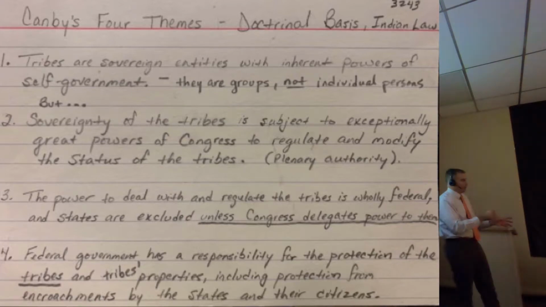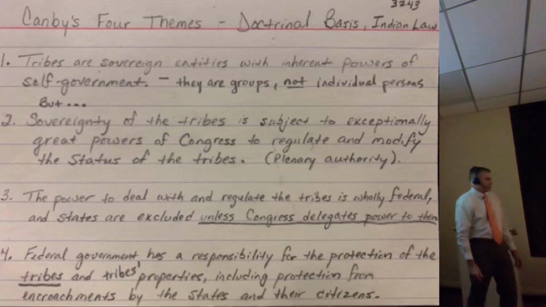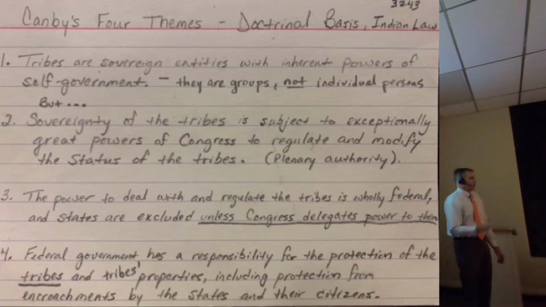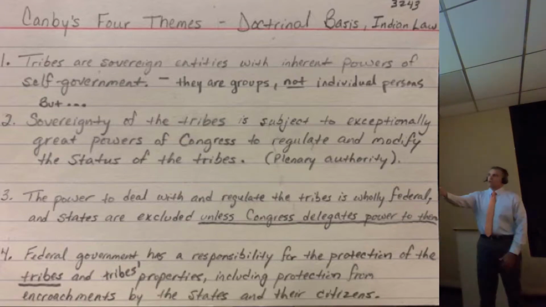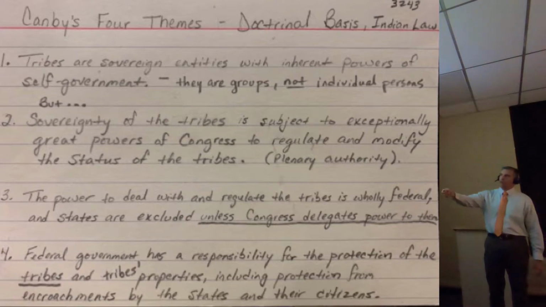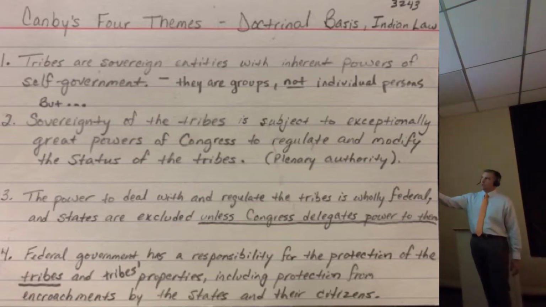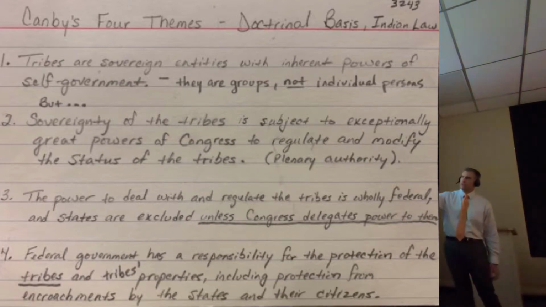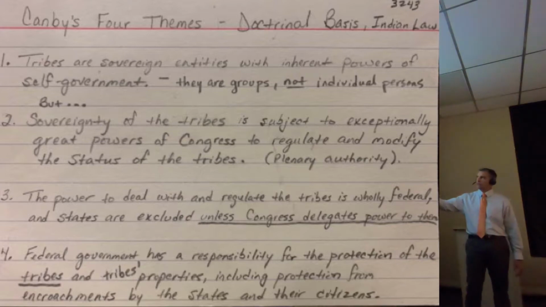Even though the Bureau of Indian Affairs is an executive branch department, and the president seems to have a lot of power there, and the president can do executive orders, it's really Congress that matters. The power to deal, number 3, the power to deal with and regulate the tribes is wholly federal, and states are excluded unless Congress delegates power to them.